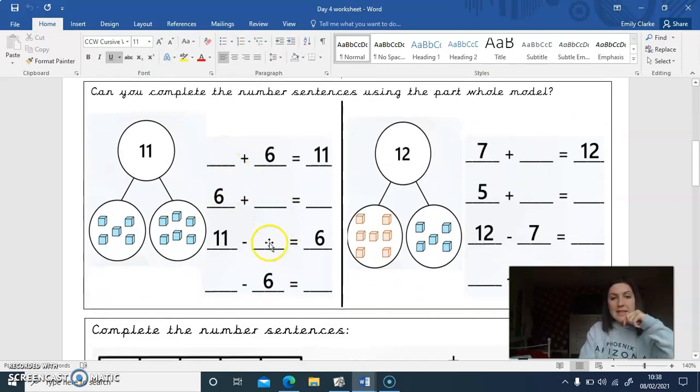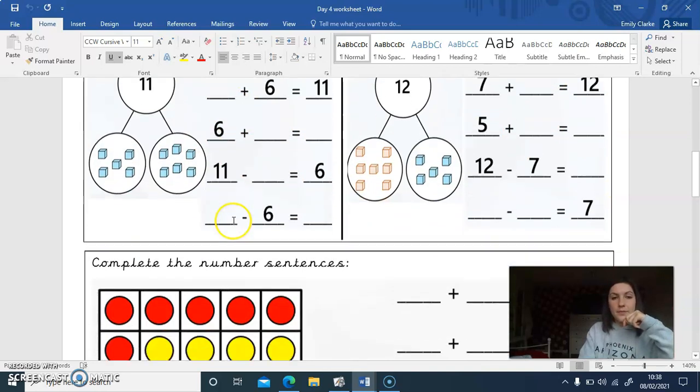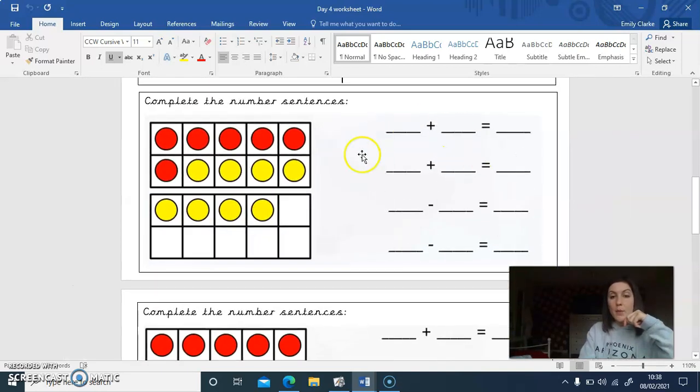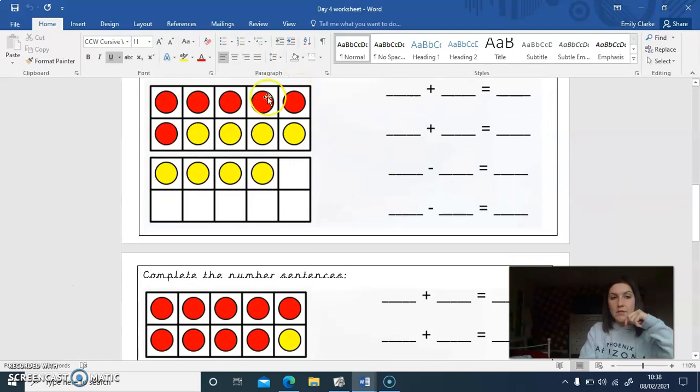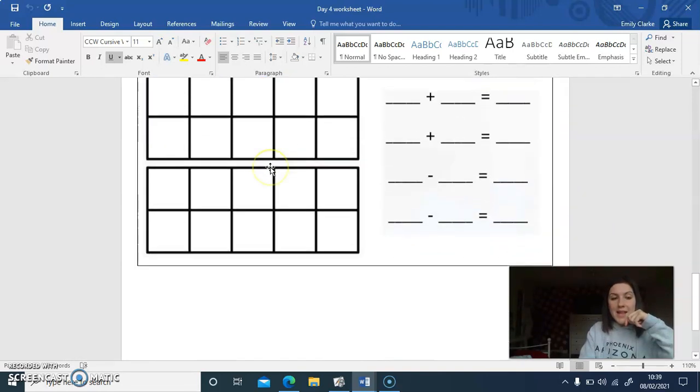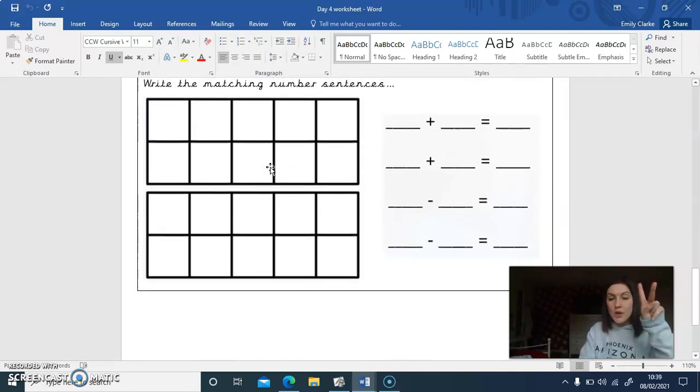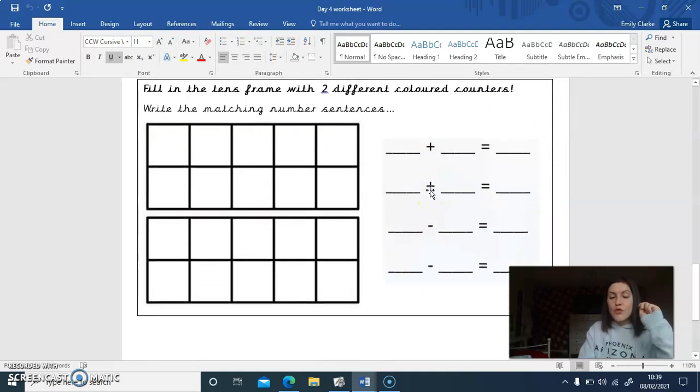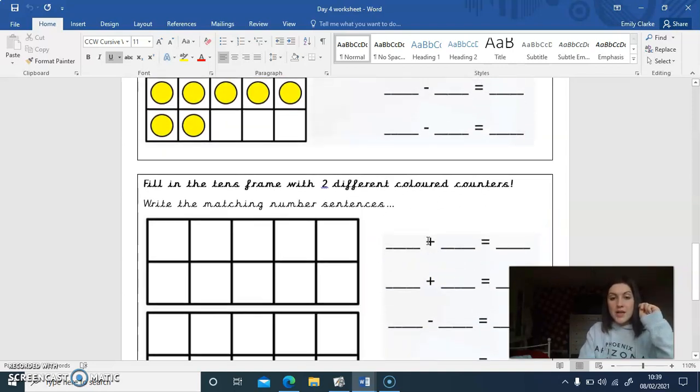Then you've got to complete them all by yourself using the red and the yellow. And then at the end, you can add your own 2 coloured counters in and do the number sentences for those. Remembering the biggest number at the end for addition, the biggest number at the start for subtraction.